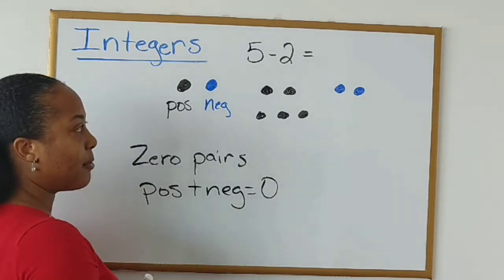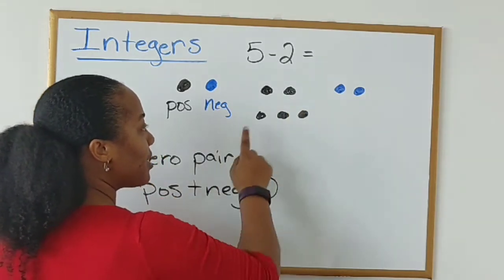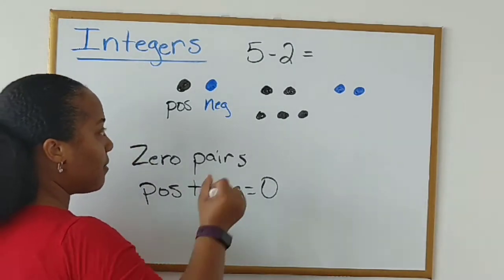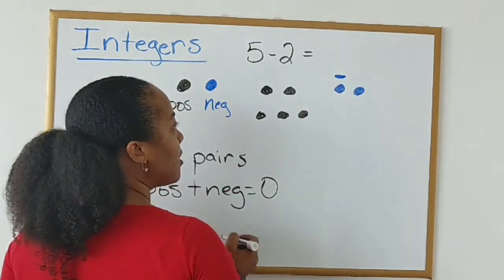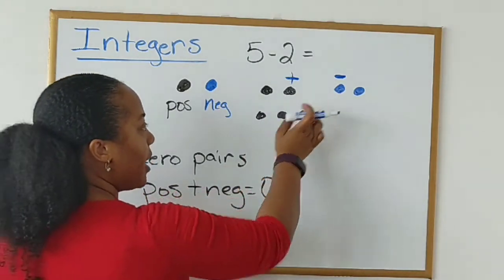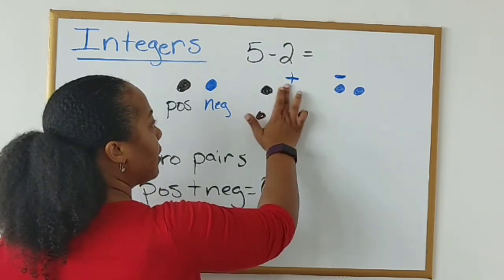So we can do that. So since we have a positive and a negative, we know that's like saying 1 minus 1 because we know the negative is shown by a negative sign. And then we have a positive. So a positive plus a negative equals 0. So we can cancel these out.